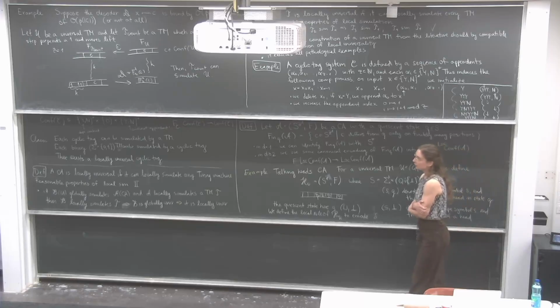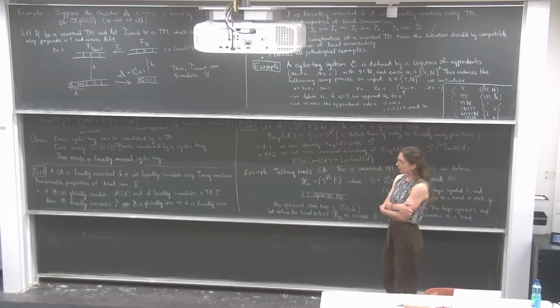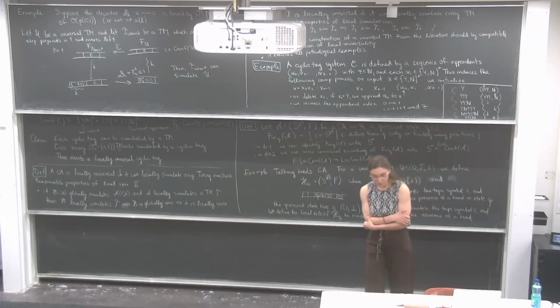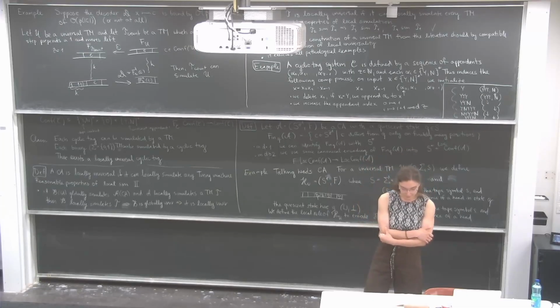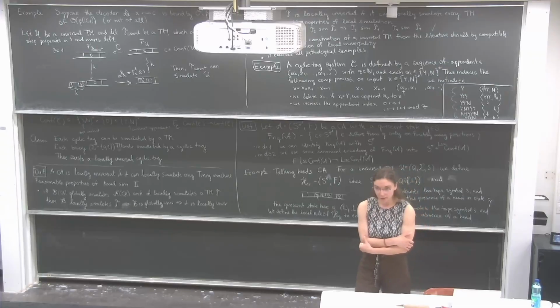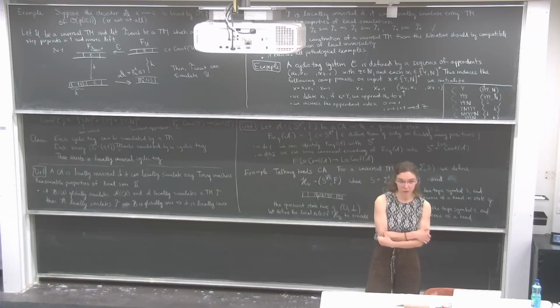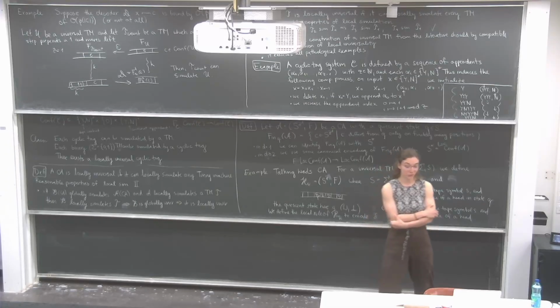I think let's end here for now, and I will use the first 10 minutes of the exercises to show you a demo of what happens if you find a cellular automaton in nature, or you open the door and see a present where someone gifted you a cellular automaton, and you would like to understand whether it is locally universal. What are the strategies to have?